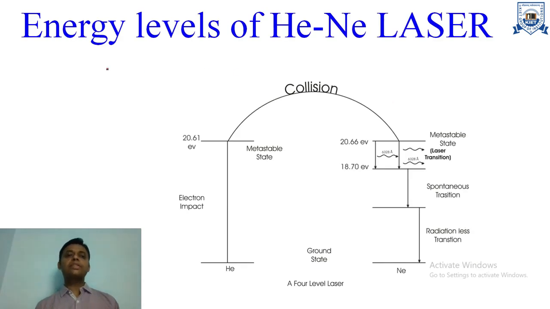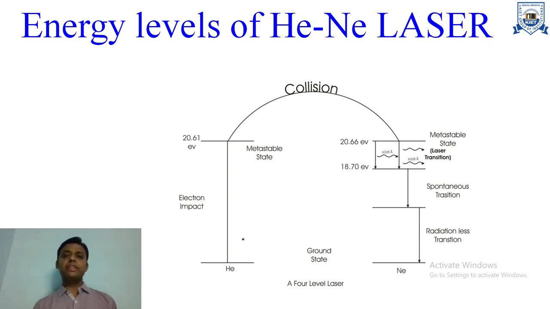Now, the energy level diagram of the helium neon laser. As we can see here, helium is only responsible for the pumping transition and neon is responsible for the laser transition. As the electric discharge passes through the gases, high energetic electrons collide with helium and neon atoms.